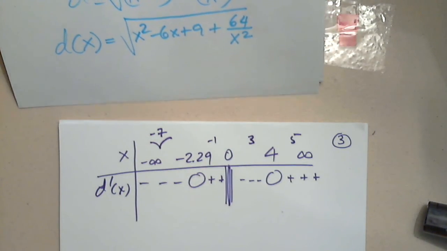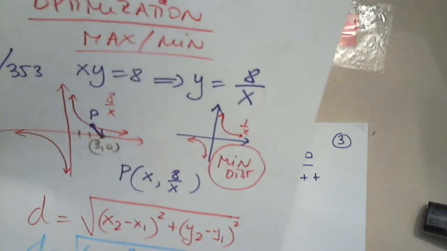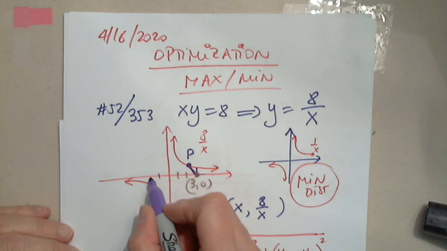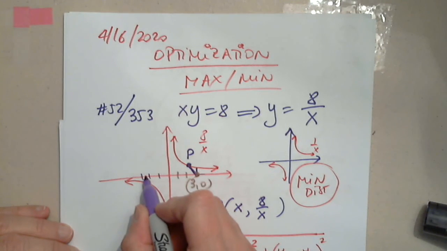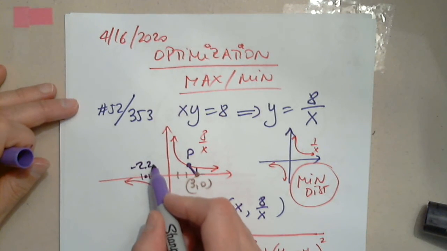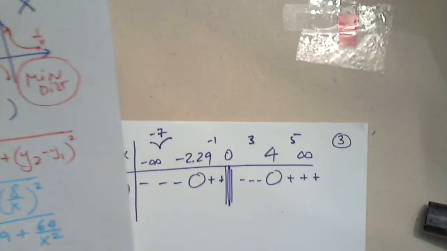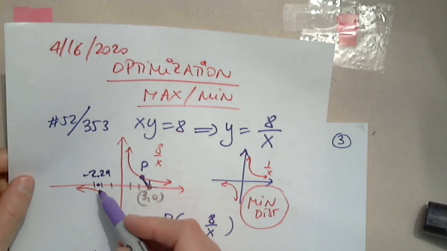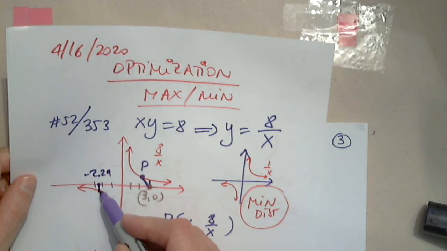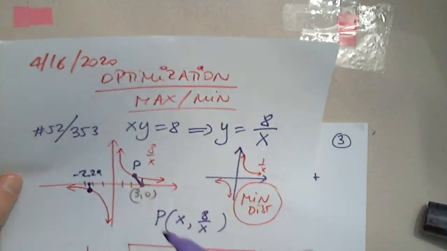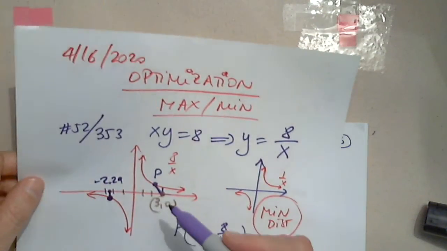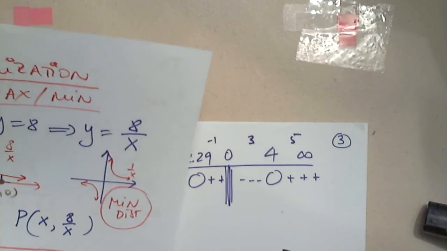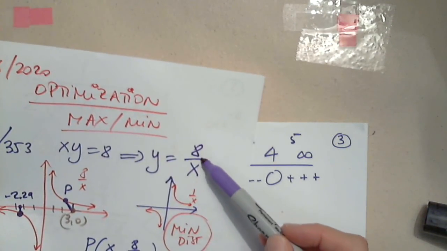So, negative 2.29 will be somewhere here. Negative 2.29 for x. And the other one, so this point. And the other one will have x equals 4.